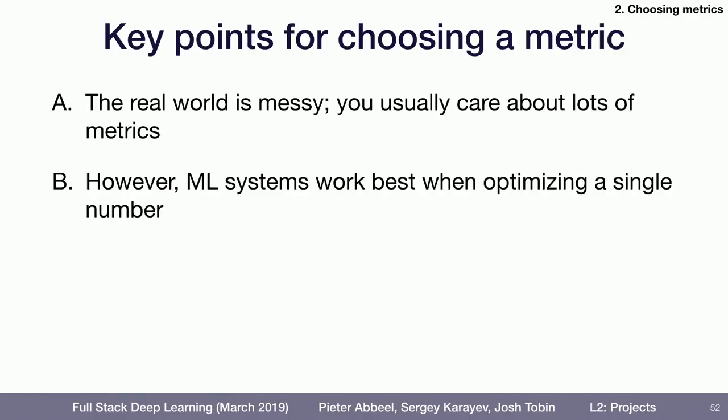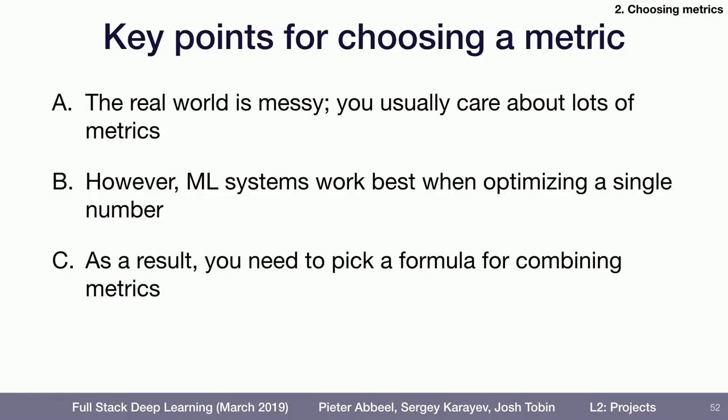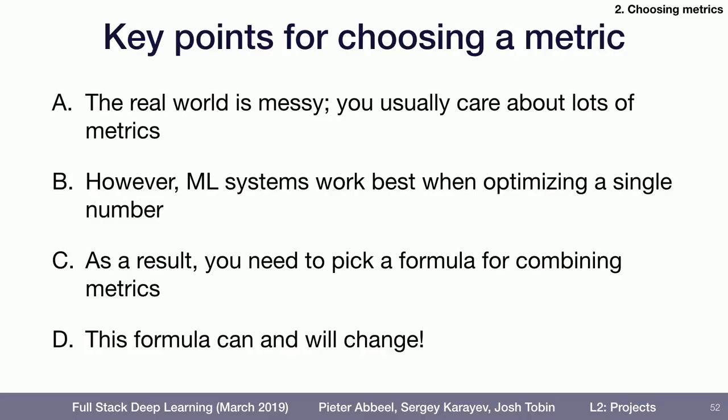But the reality is that machine learning systems tend to work best when, at any given time, you're trying to optimize one number. So the implication of these two statements is that you need to find some way of combining your metrics. And since you care about multiple things and any way of combining the metrics is going to be an approximation, this can and will change throughout your project.